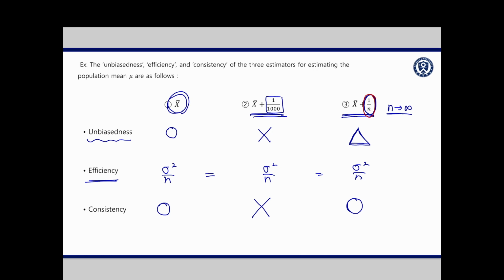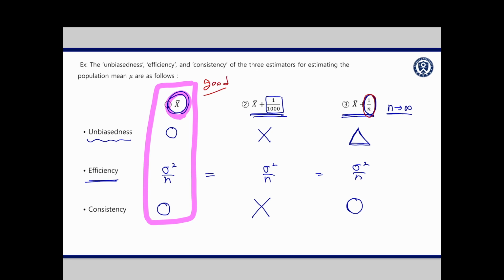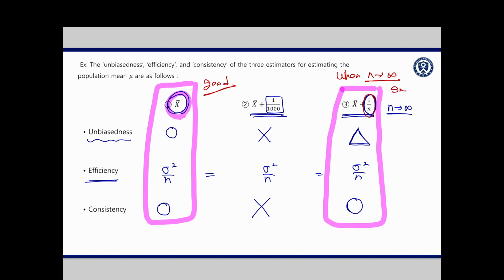So in summary, x bar has good conditions as an estimator of mu, and when the sample size increases, the third estimator, x bar plus 1 over n, can also be a good estimator.